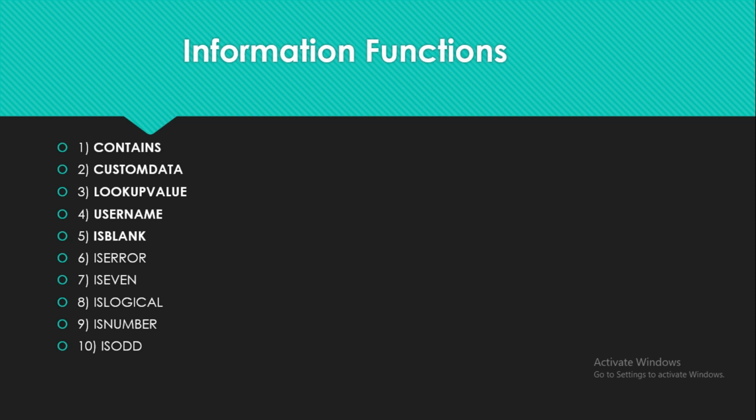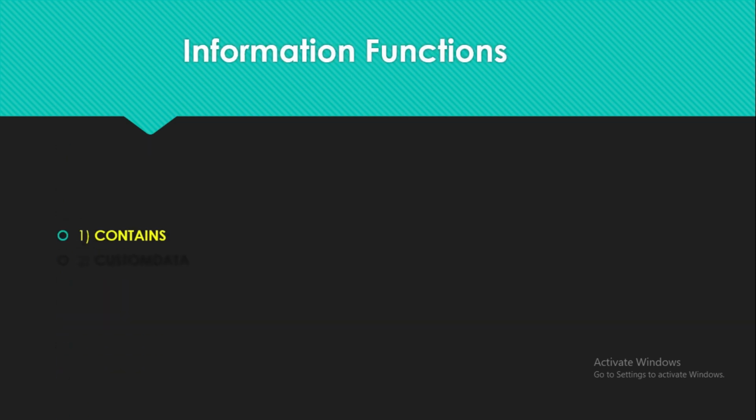Today we are going to discuss only the first one, the CONTAINS function of the information functions in DAX. What this does and how it works, we will see in this video.